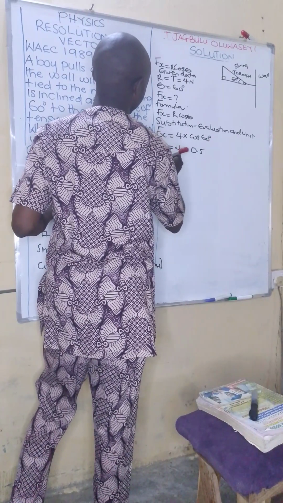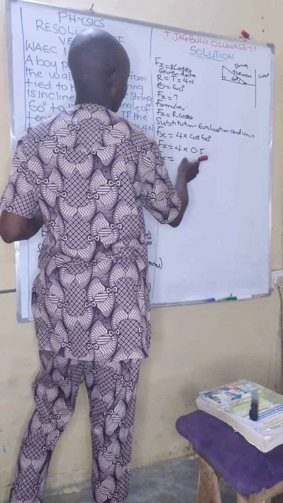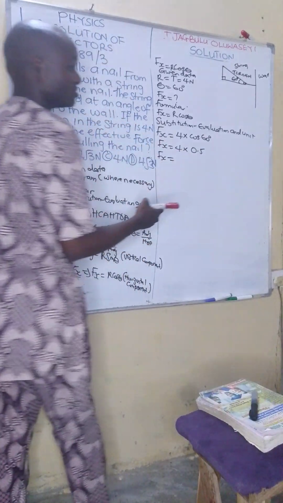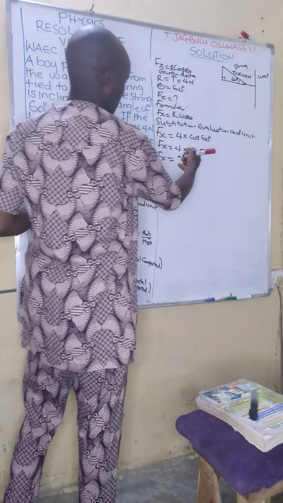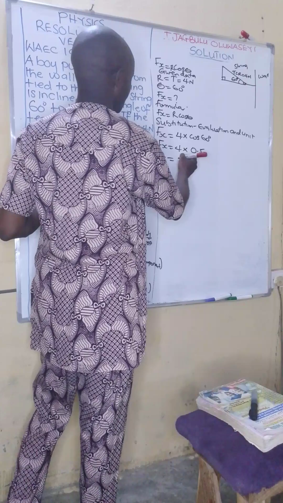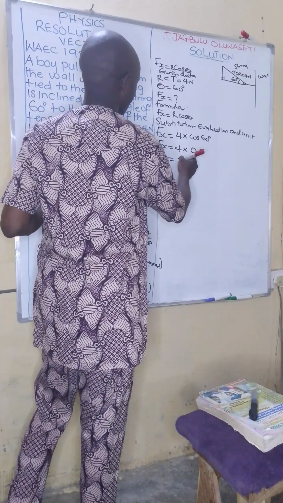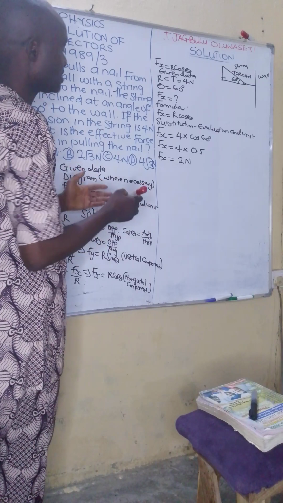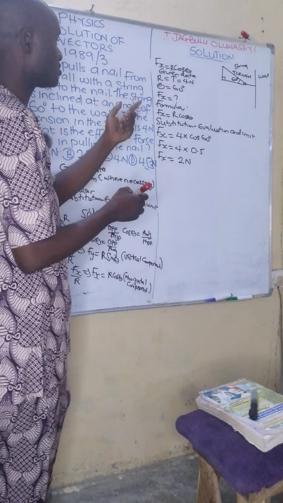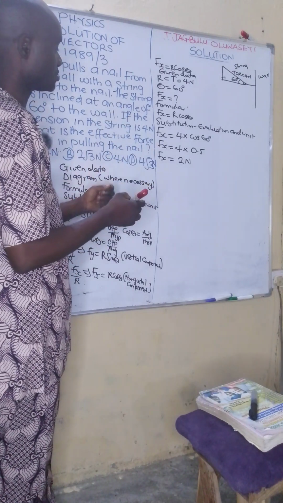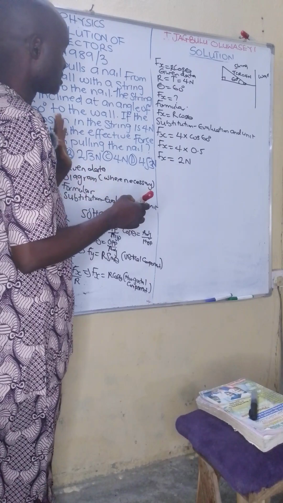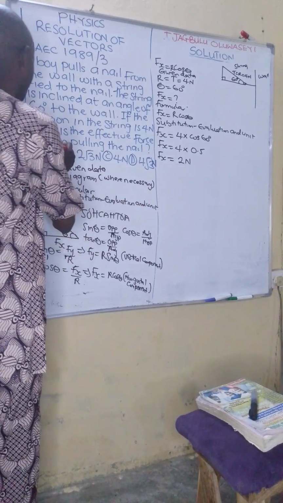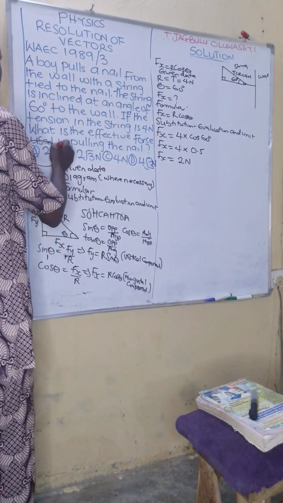So Fx is equal to 4 times 0.5. 4 times 5 is going to give you 20. Then, you have one decimal place, take it back. That is going to give you 2 Newton. Therefore, the effective force that will pull the nail out of the wall is the horizontal component, which gives us the answer to the question, and we have our answer to be option A.